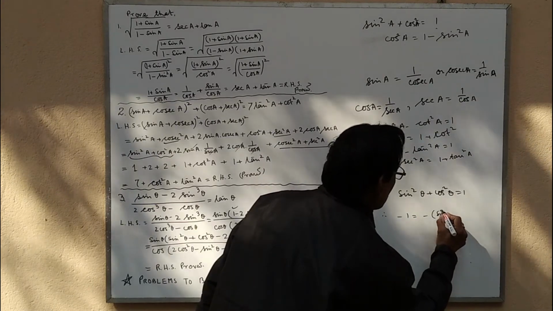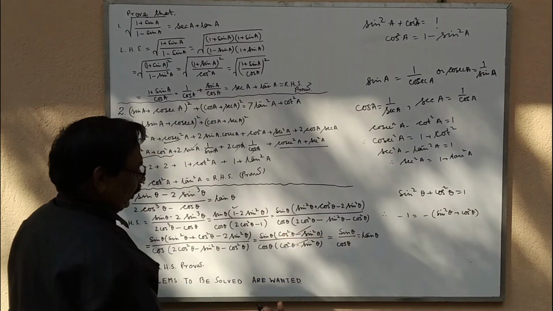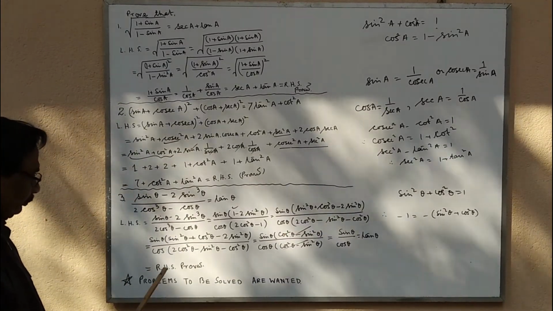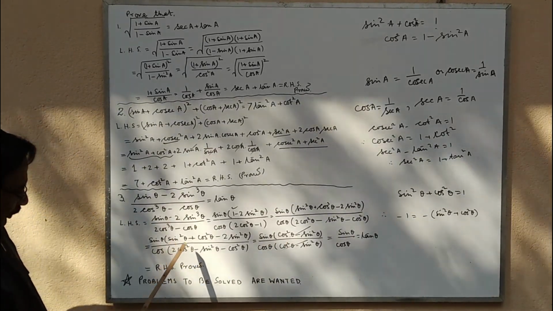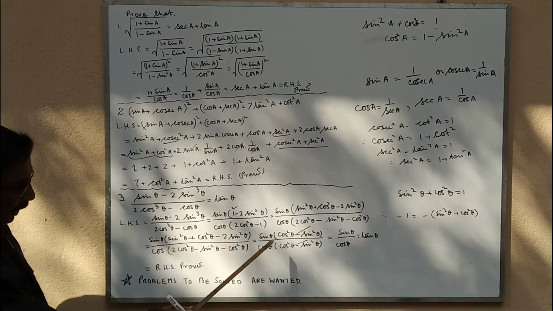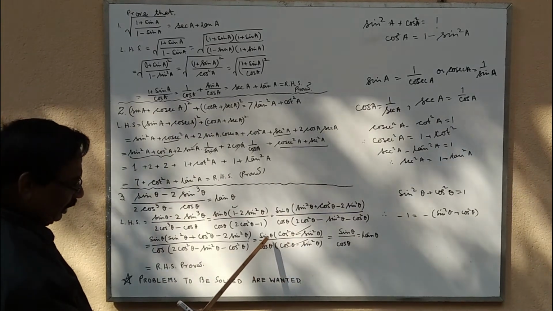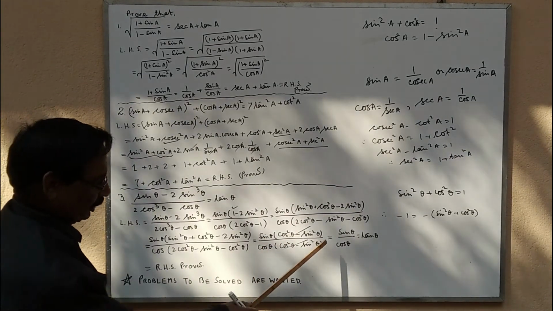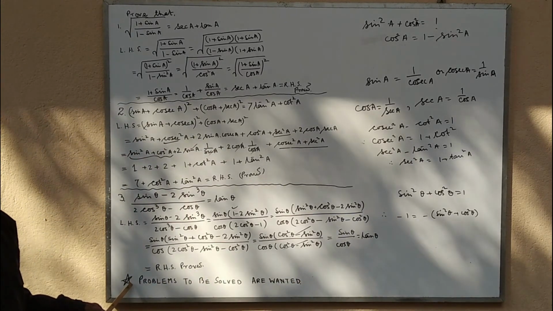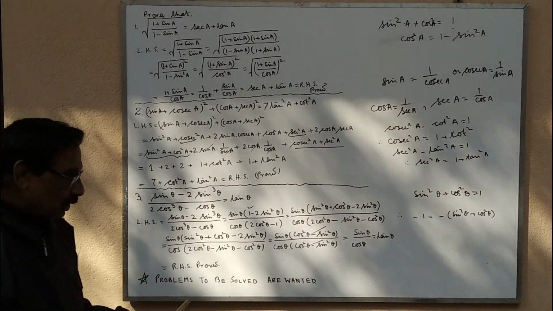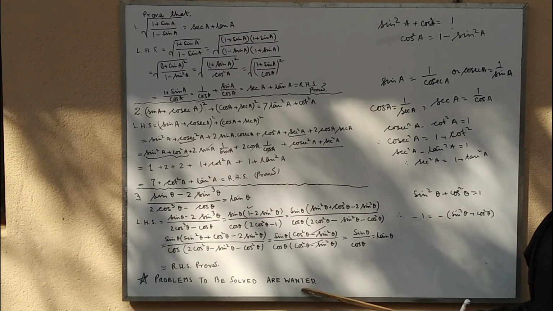Now by adding and subtracting, it will be cos square theta minus sin square theta over cos square theta minus sin square theta. They will cancel each other, and it will be sin theta by cos theta, which equals tan theta. Hence it is proved. Please send all your problems to me so that I can solve for you.